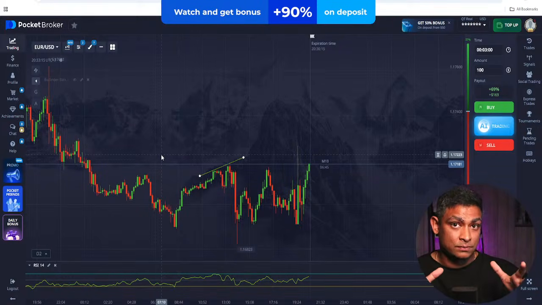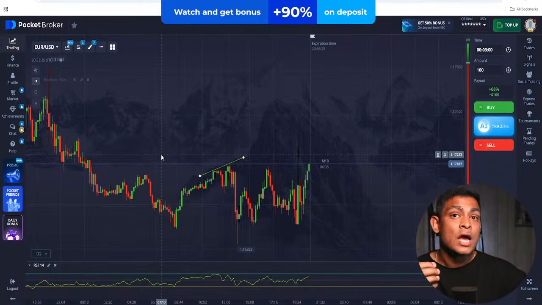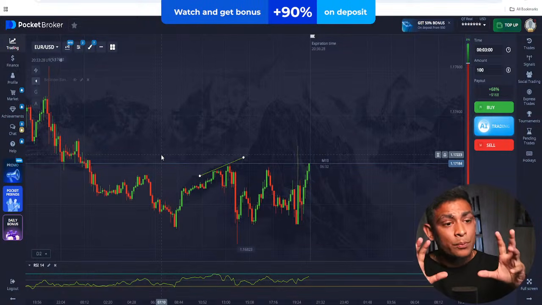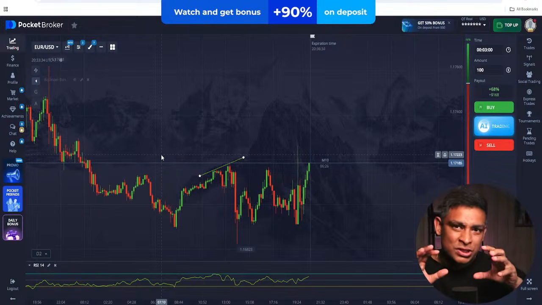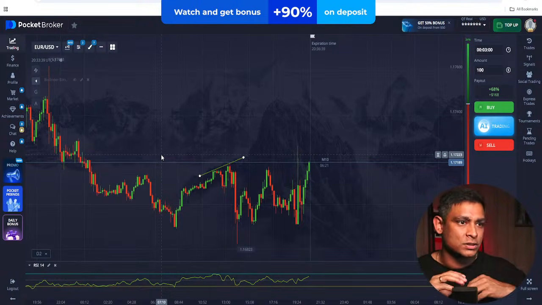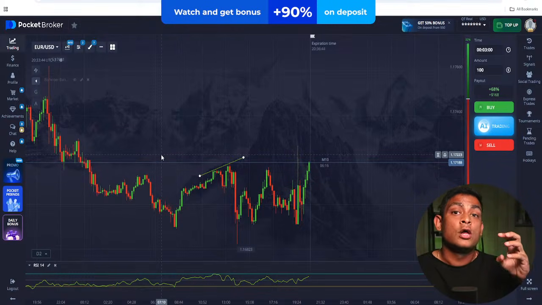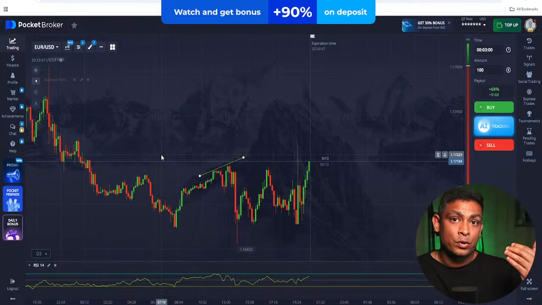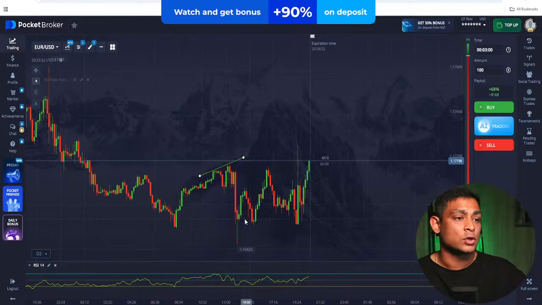There are a lot of things happening in the background. You might never know what the big players and institutions are doing behind the scenes. But please try to understand that the best possible way to stay profitable is to look out for those confluences, those positions, those entries which look promising and have multiple confluences, like we are talking about with the divergence.